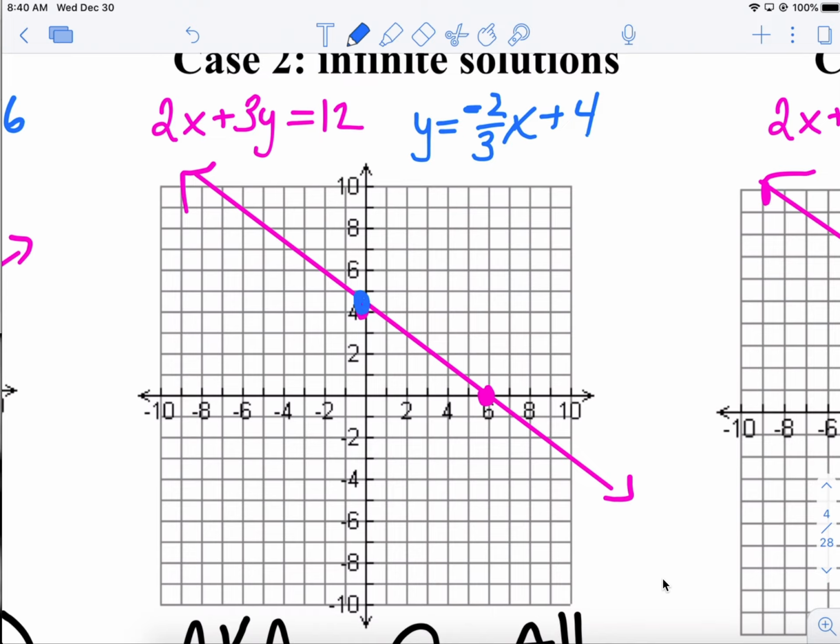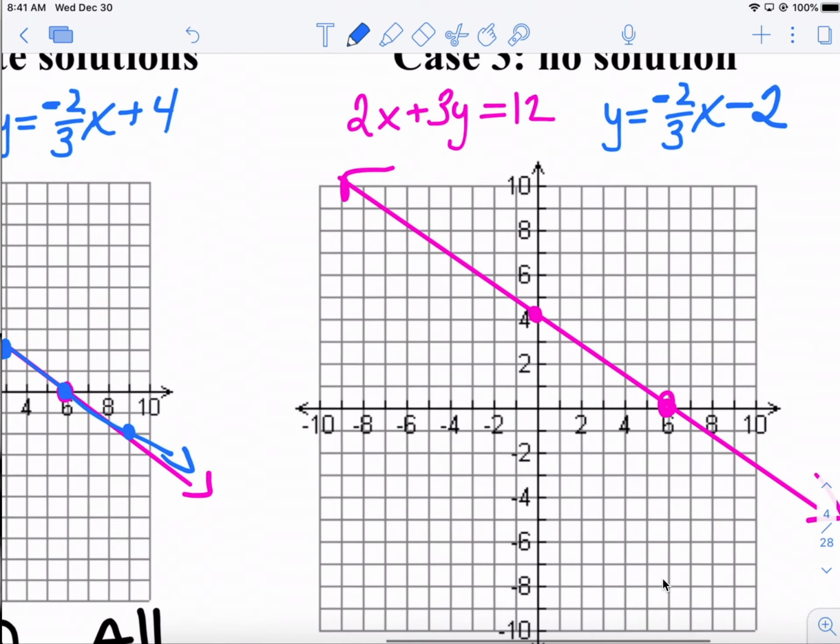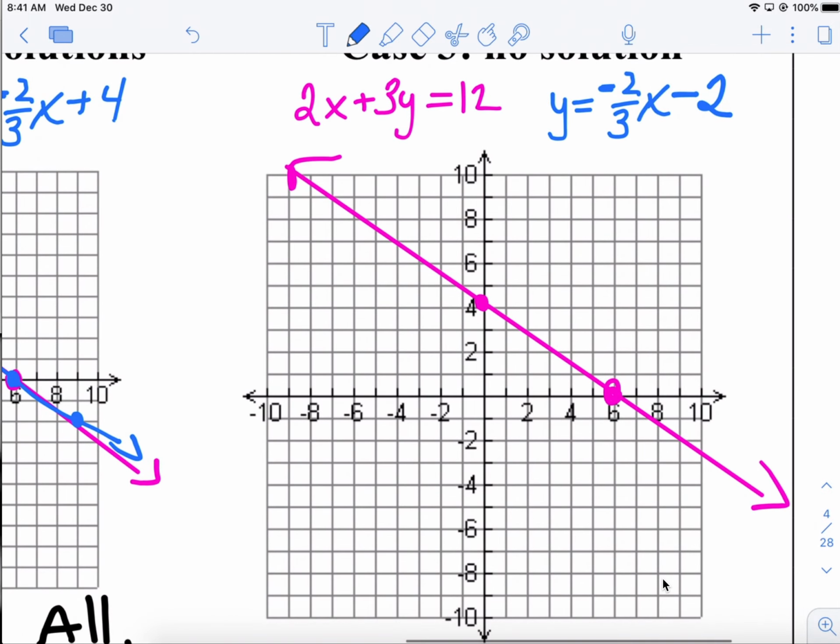Begin at 4, going down to right 3. Up to left 3. My graph's a little bit off. Okay, and last one. This one we're going to start at -2, down to right 3. Remember, I'm putting all the points on the graph that I could fit.